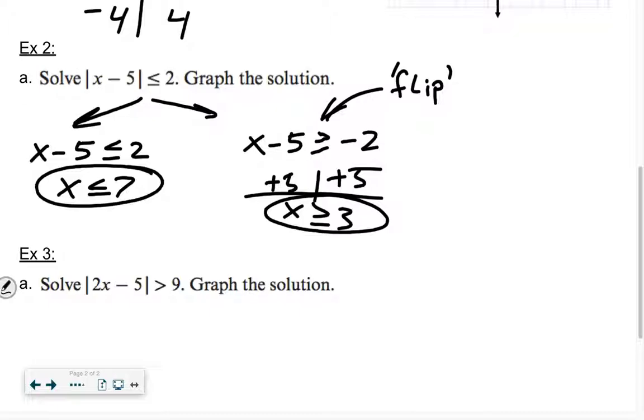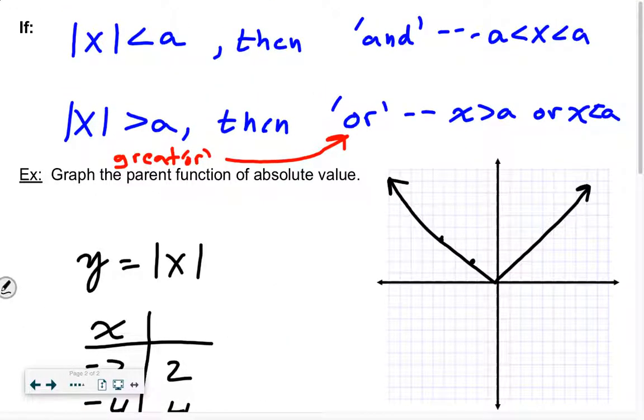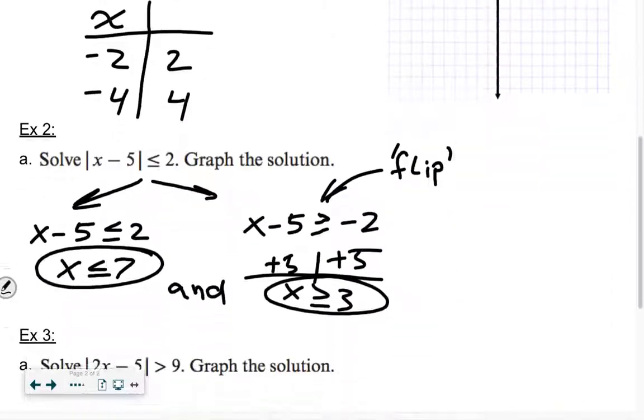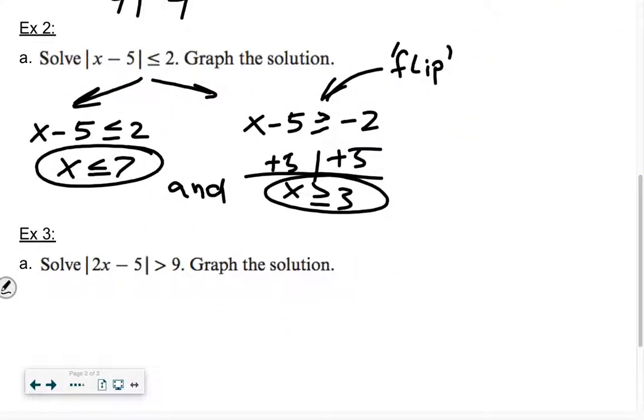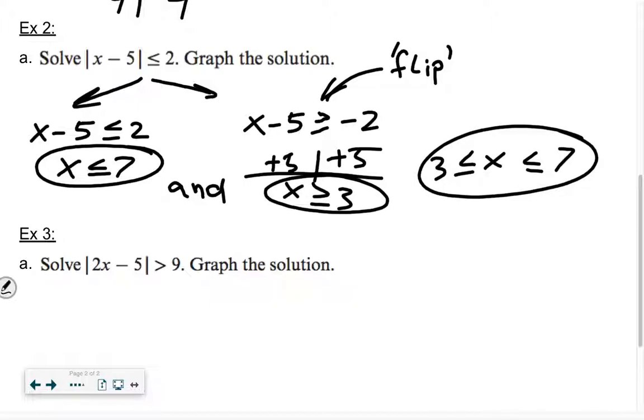Which one? It's an and situation. Very good. And again, if you go back to the beginning, absolute value less than sign indicated it's an and scenario. So you could write it this way, right? That's perfectly fine. The other way you could write it if you wanted to is like this. That's our compound inequality.